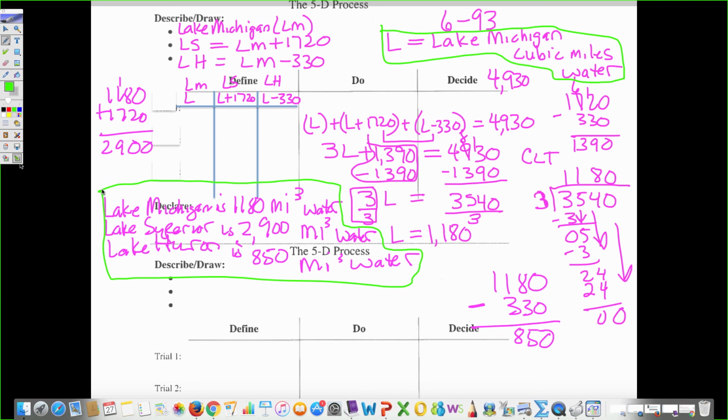With the 5D process, we can write ourselves an equation and probably save some trials and frustration by defining the variable carefully and then writing an equation using the information from the problem. We simplified the equation and got down to L, where we defined Lake Michigan, 1,180 cubic miles of water. And in the declare, we can fill in what goes with the rest of it.